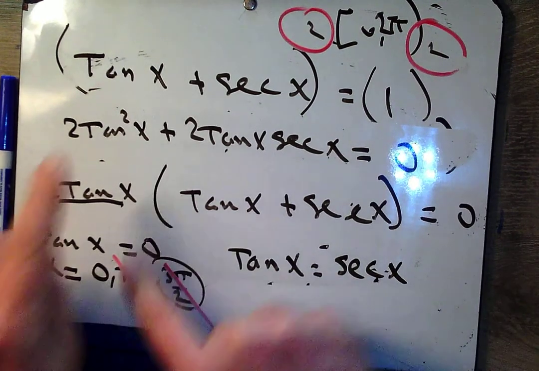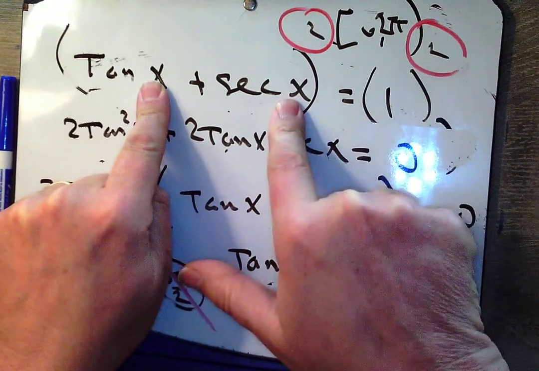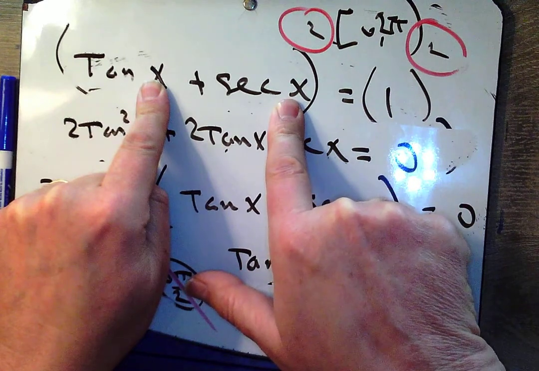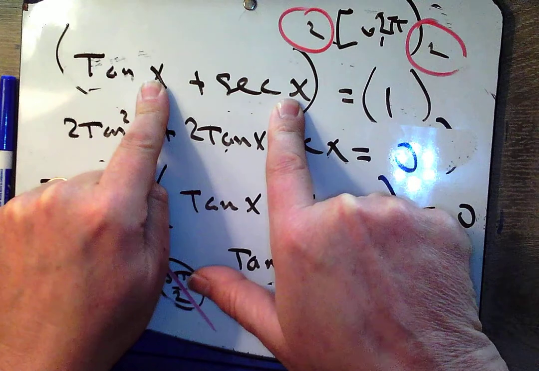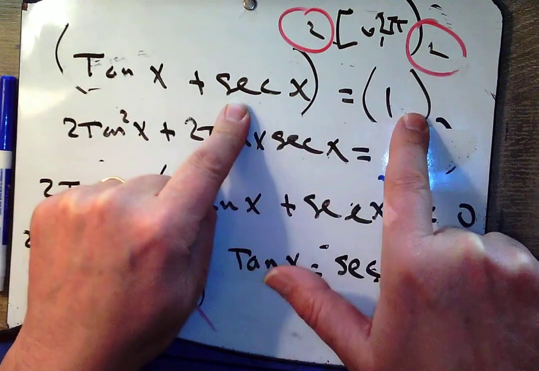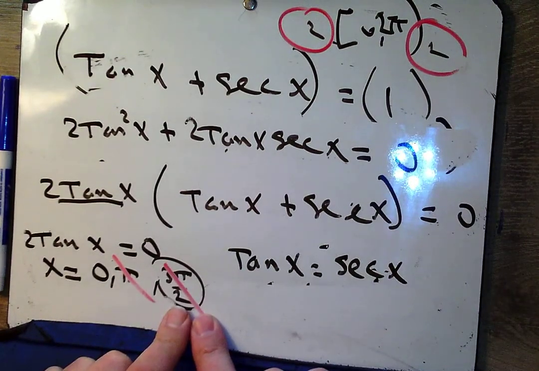If I plug pi in here, tangent of pi is 0, secant of pi, what's the secant of pi? Cosine of pi is negative 1. Yeah, it's negative 1. So I get 0 plus negative 1 equals 1. Well, that doesn't work. And 3 pi over 2?